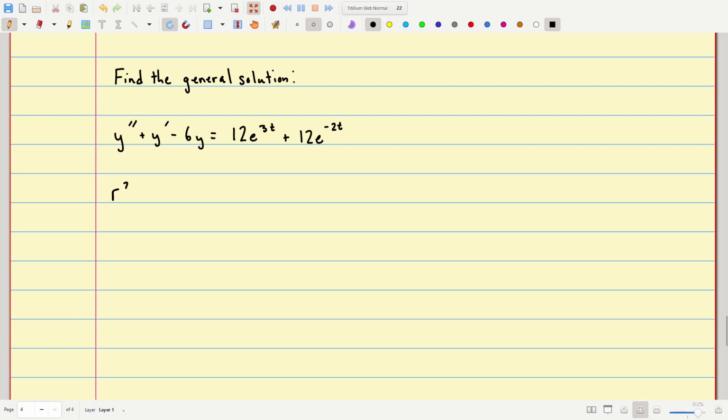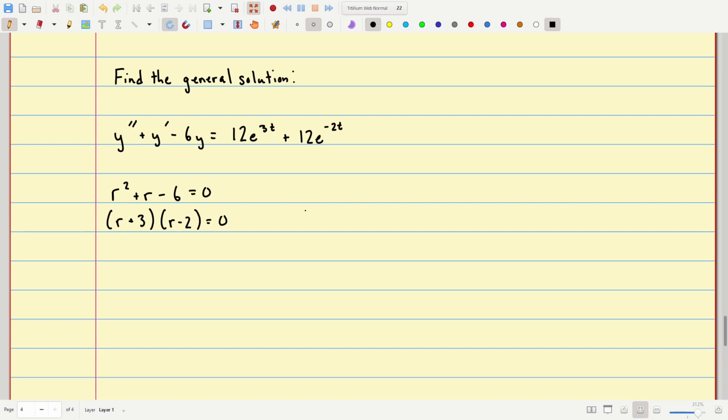We start by looking at our characteristic equation, writing that down, r squared plus r minus 6 equals 0. And this is one that will factor. So we get r plus 3 and r minus 2 equals 0.